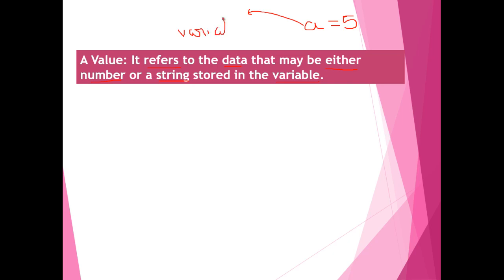What is represented by the 5 over here? 5 is basically the value that is referred to by the variable a. I hope you understand what is represented by value. Value basically refers to the data that is stored in the variable, right?